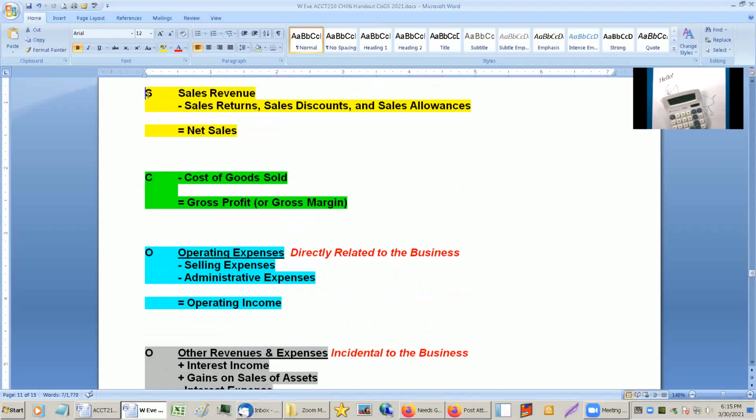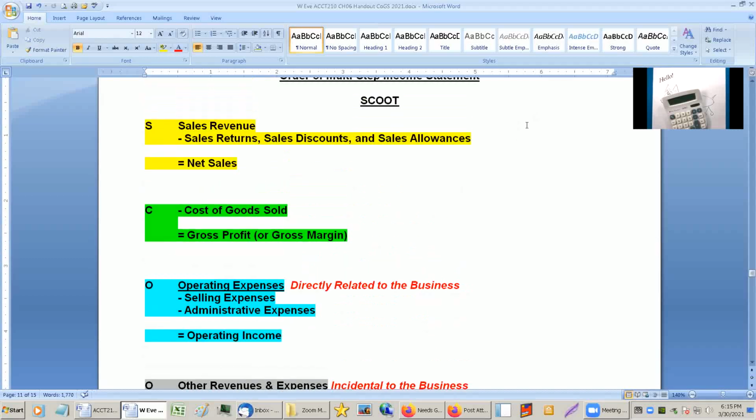Is the sales, this is what comes in. These are what's coming in. So these are all things that are coming in. And these are all things that are going out.